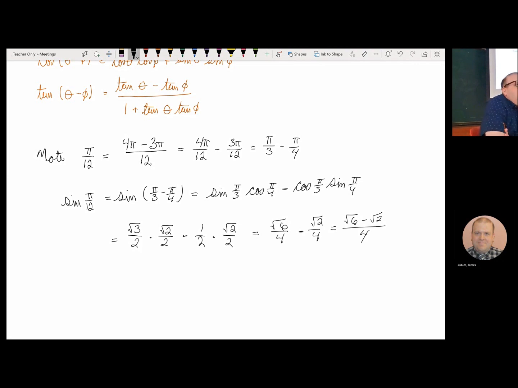Root 6 minus root 2 all over 4. There's sine of pi over 12. Which means leaving your answer as sine of pi over 12 is no longer acceptable, because now you can find the exact value of it.